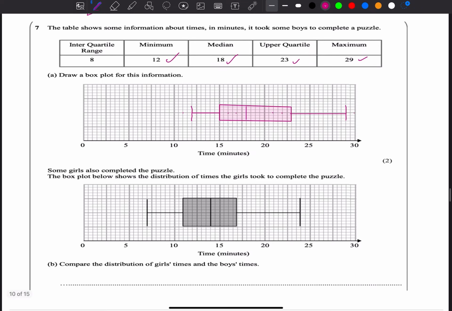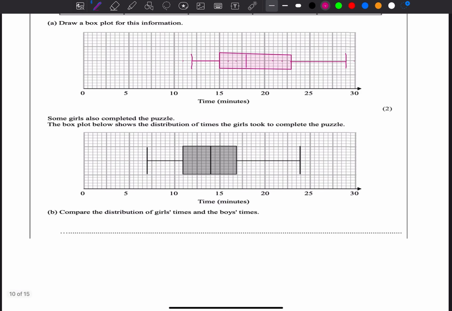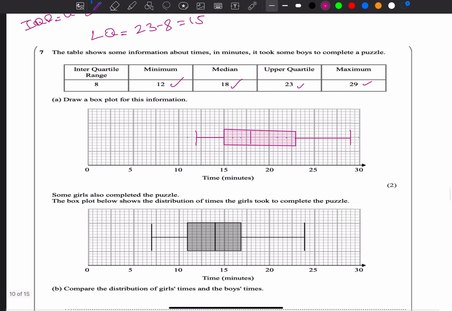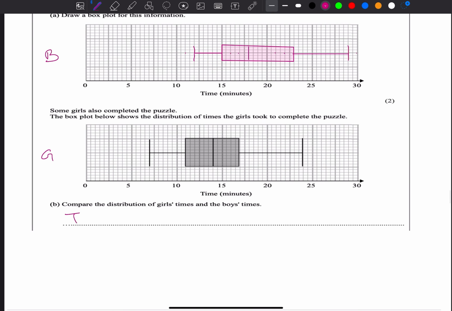Okay, so compare the distribution. This is about who took more time to complete the puzzle. So this is for boys, I'm going to guess. Is it boys? And this is girls. Okay, so on average, remember the wording: who took more time?